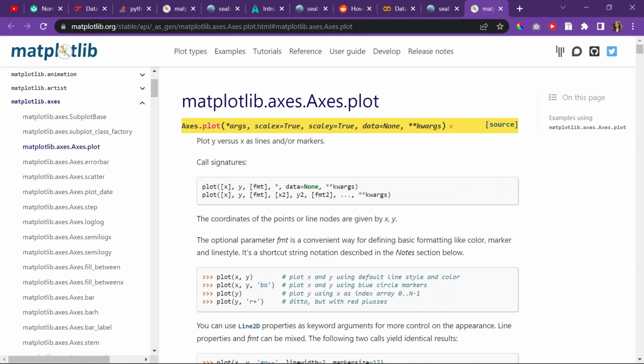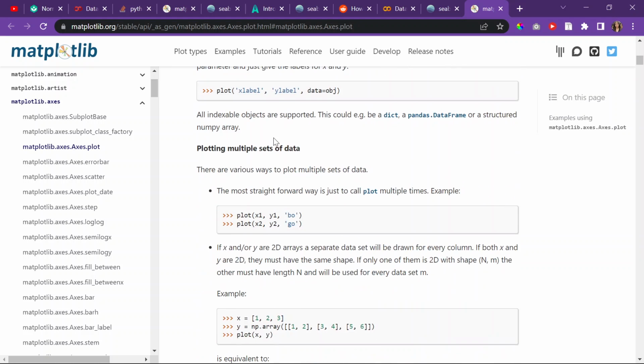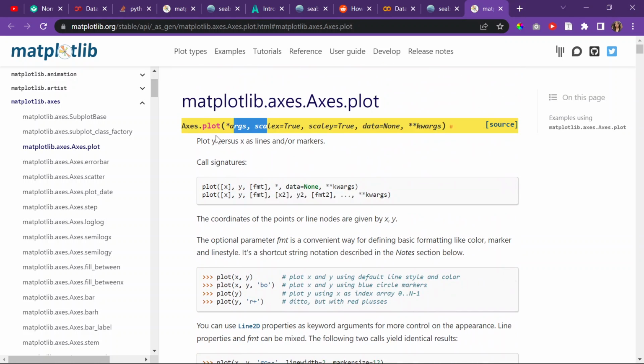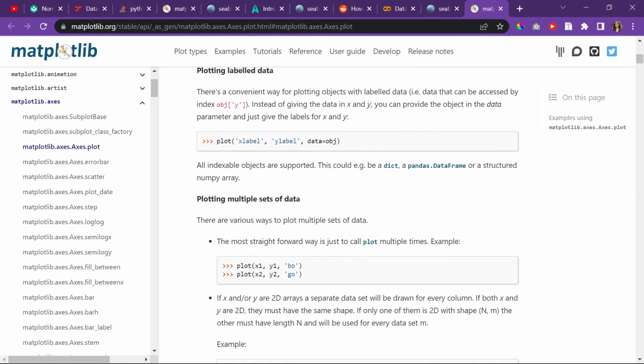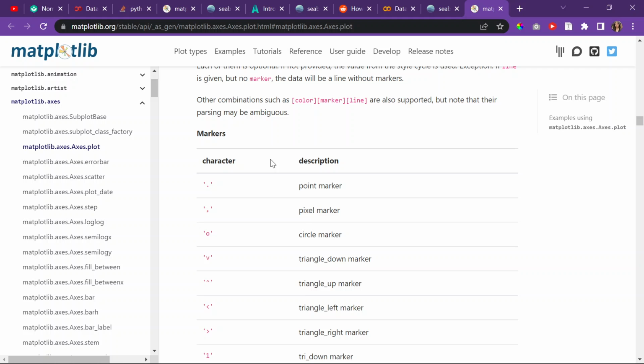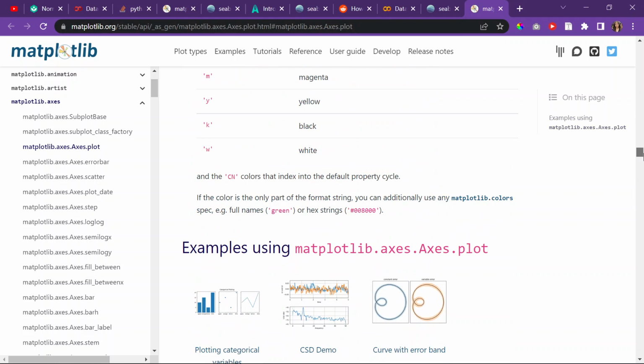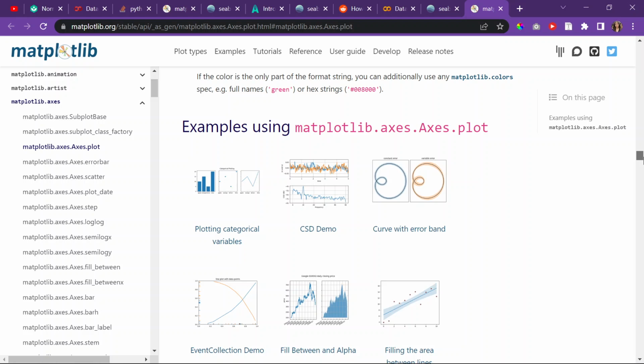Okay, axes.plot, but it doesn't have an ax. Oh, this is so irritating. What is the purpose of this? Plot Y versus X as lines or markers? No, not really. That's not what I wanted. Example using method axes.plot.